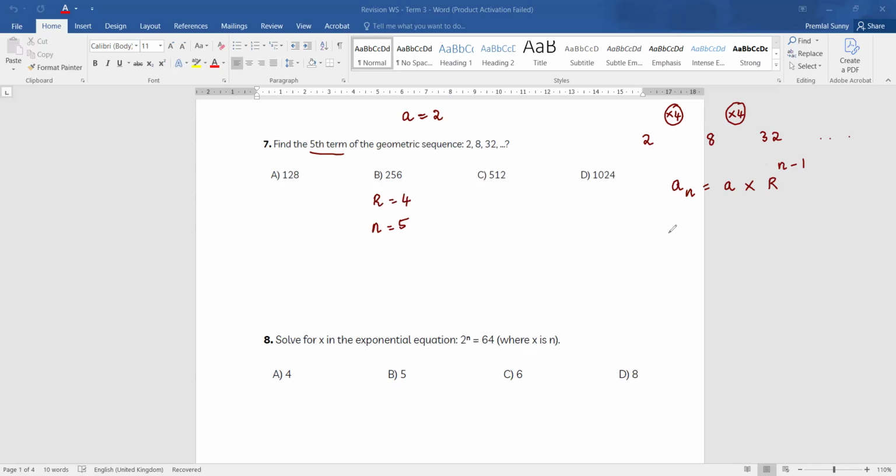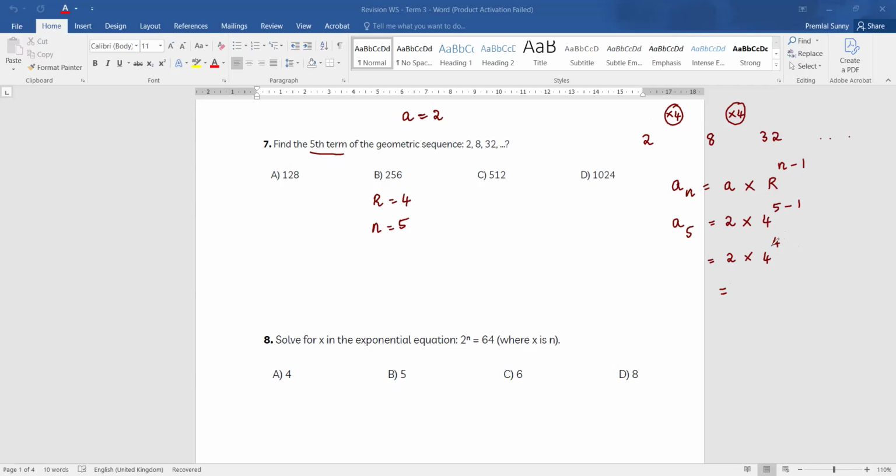Now it is just a matter of substituting it into the formula. A n, n is 5. This is how we represent the fifth term, A5. A5 is A, which is 2, times R, which is 4, to the power of n minus 1, where n is 5. So this will give us 2 times 4 to the power of 5 minus 1, which is 4.